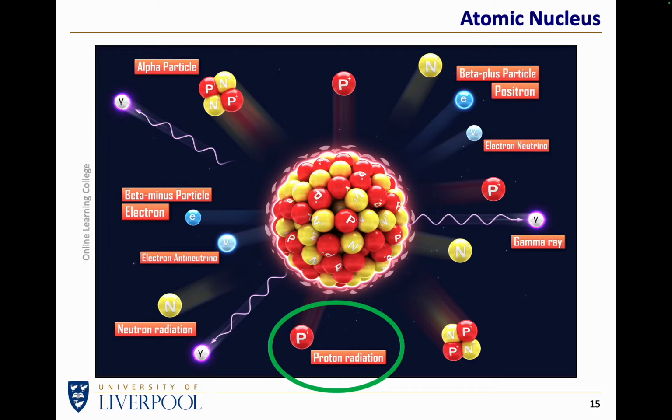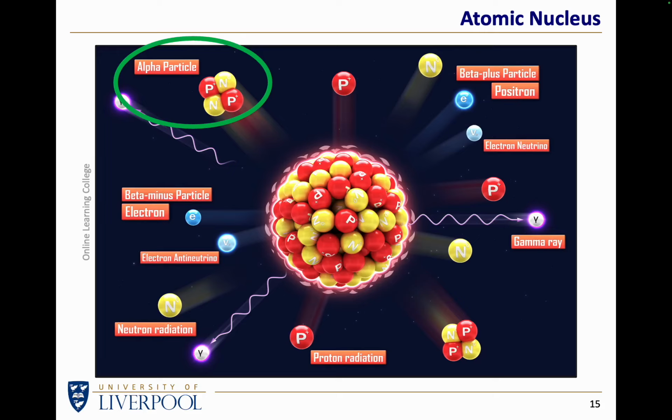For instance, it could spit out a proton. It's got a certain number of protons and a certain number of neutrons. This is quite a heavy nucleus here, nucleus of a very heavy element. It might spit out a proton. Alternatively, it might spit out a neutron. We're not going to go into the nuclear physics of why it decides to do one rather than the other. It might decide that it's so unhappy being what it is, it wants to spit out more than one proton or one neutron.